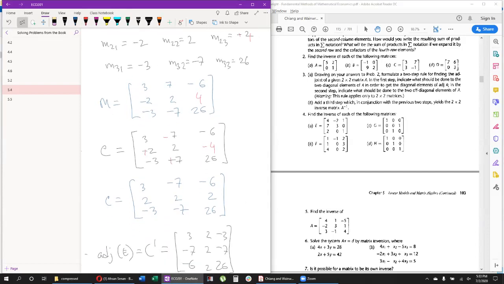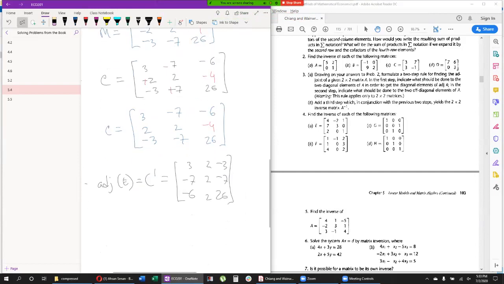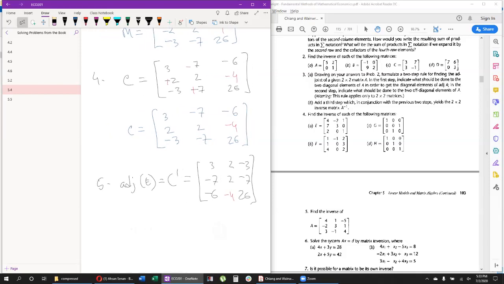And when we take the transpose, we end up with minus 4 here. Hopefully that was all the mistakes that I have made.